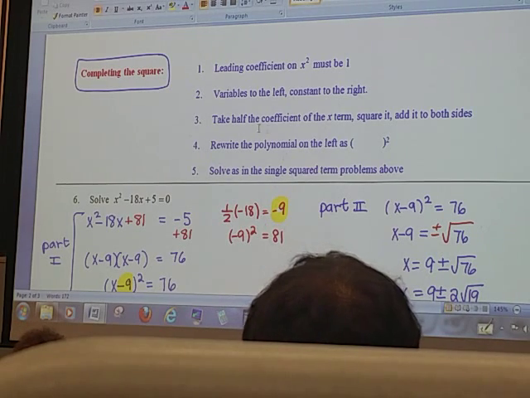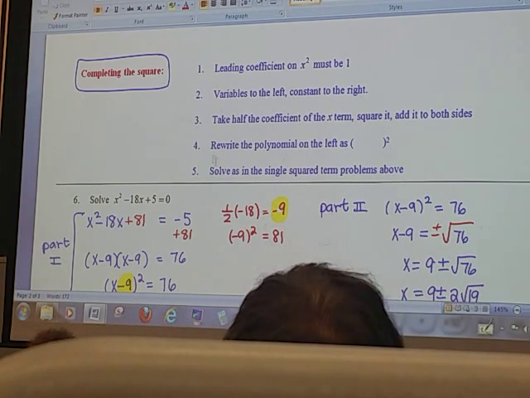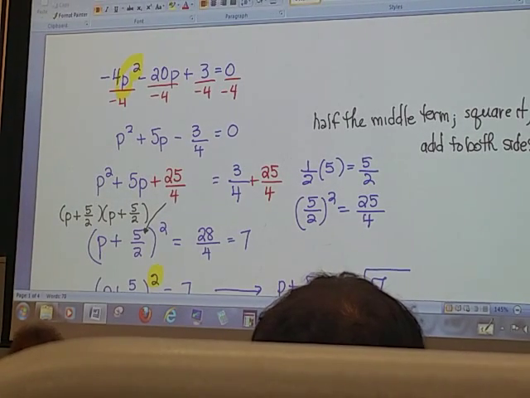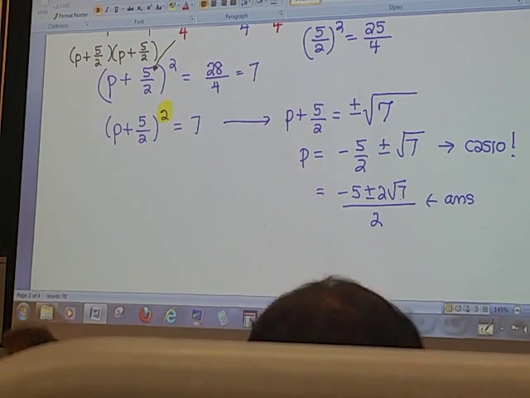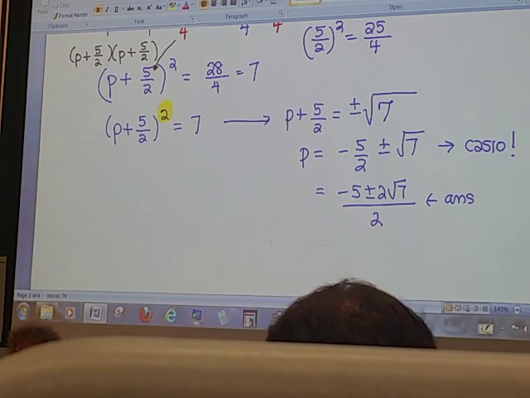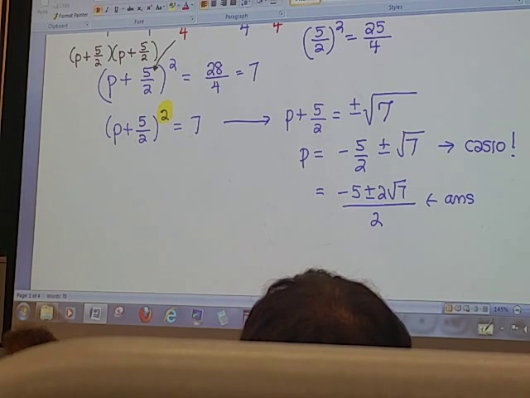Yeah. But these are the steps right here. Like I said, the same steps. Scroll down, sorry. Now, the very first thing you should do, if this is a test question, is type that puppy just as it is into your Casio and see the answer, so you know where you're going.